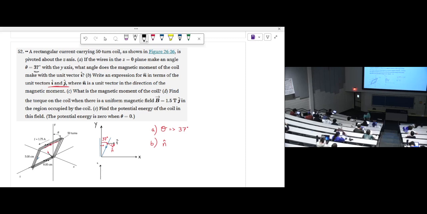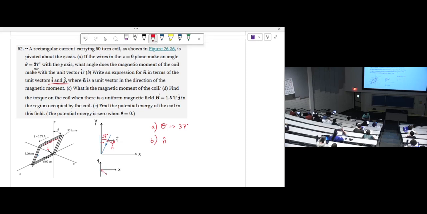So this is going to be y, and this is going to be x, and n hat is going to be pointed in this direction. And so we want n hat in the x direction, and then we want n hat in the y direction. So n hat is going to be n sub x times i hat plus n sub y times j hat.